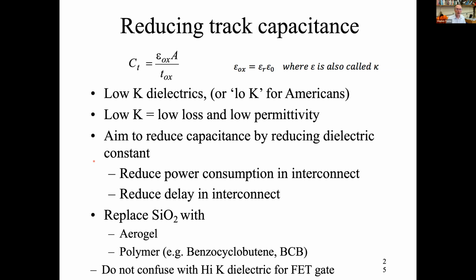A low K dielectric might get you to 1.2, 1.3, but you're not going to get any lower than 1, which would be a vacuum at the very best, and you can't build a circuit with vacuum, so you need to have something there. So that's low K dielectrics.